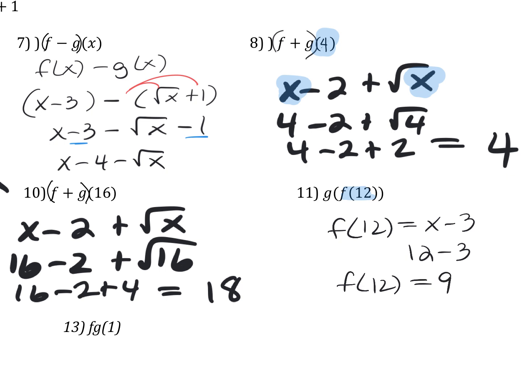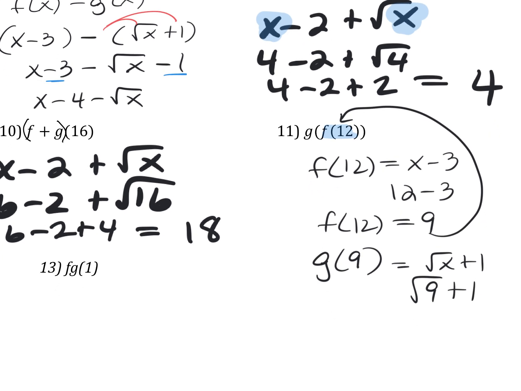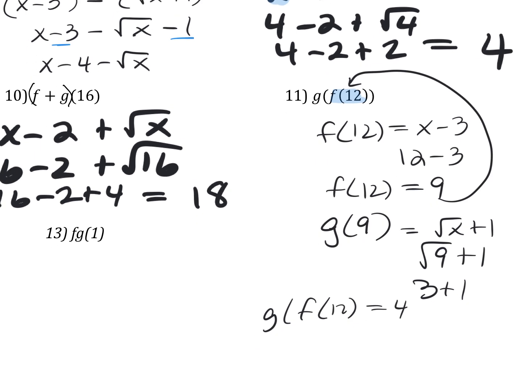Now I'm going to take that 9 and I'm going to plug it into the g of x function. So now I'm really doing g of 9. And then the g of x function was the square root of x plus 1. So the square root of x, when it's a 9, I get 3 plus 1. And then the g of f of x, when x is 12, is equal to 4.